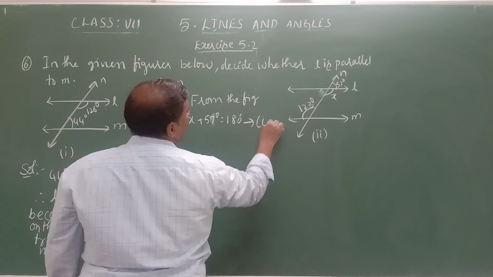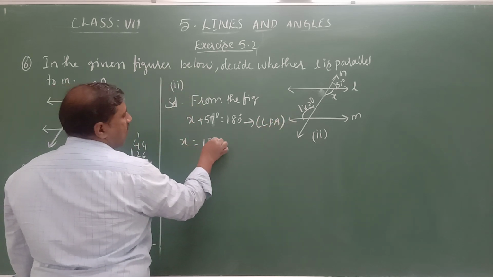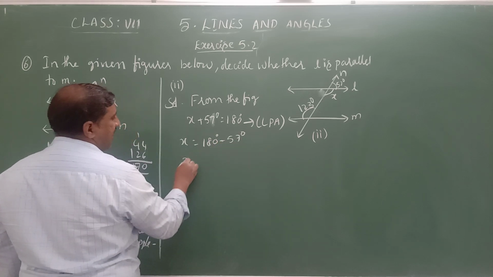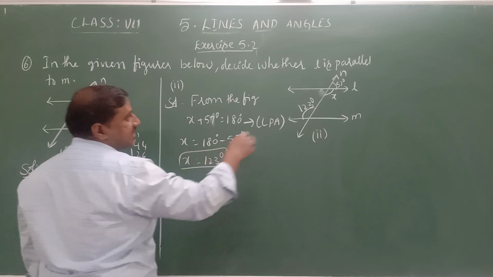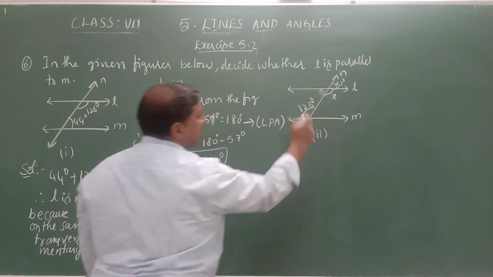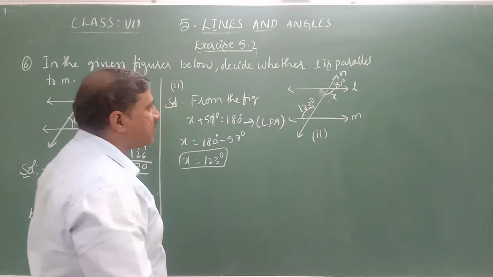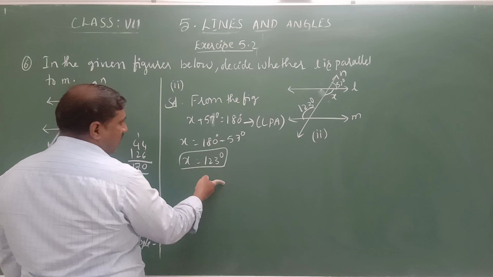The reason is it is a linear pair of angles. Now X is equal to 180 minus 57 degrees. We get X is equal to 123 degrees. Now this X is 123 degrees and this is given 123 degrees. Both are vertically opposite angles.